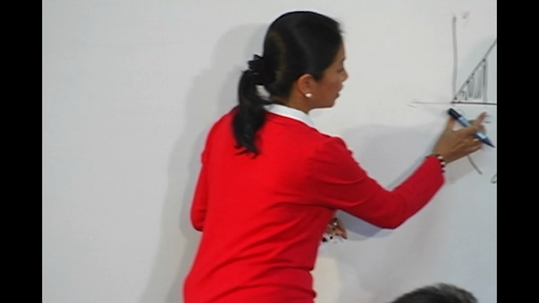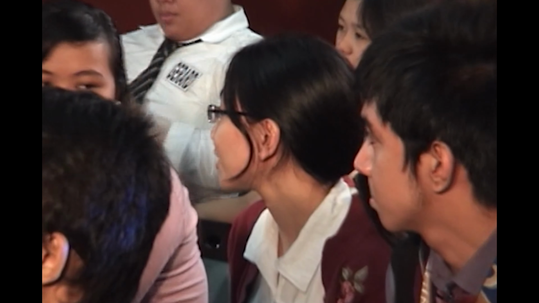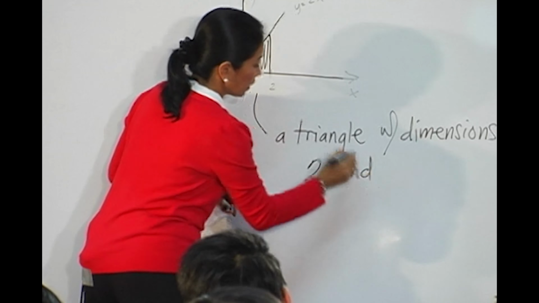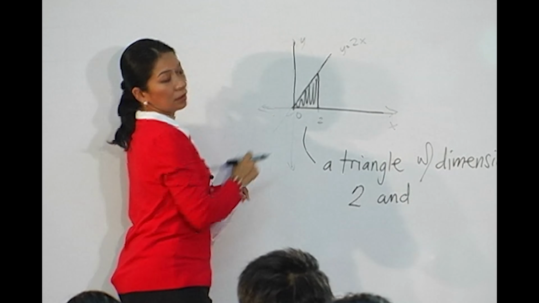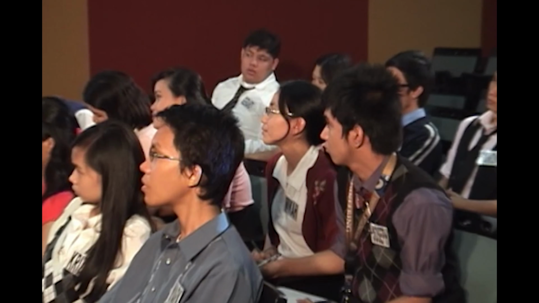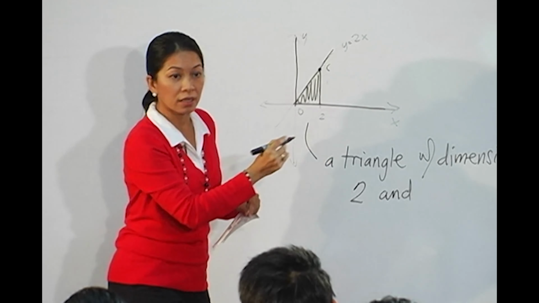What is the base? 2. Okay, with dimensions 2. And the height is? Okay, if that's a 2, if it's on y equals 2x, then the coordinates of this point would be? 4. Coordinates would be? 2, 4. 2, 4.